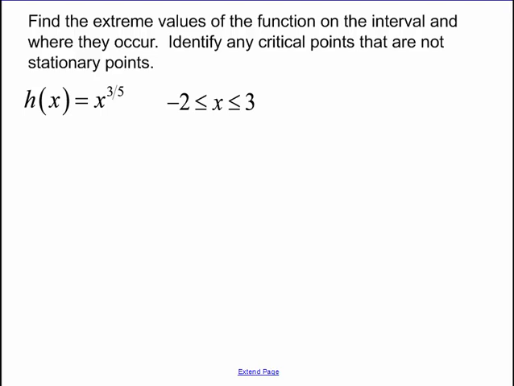Okay, our next example. Again, finding our derivative. Setting that derivative equal to 0.